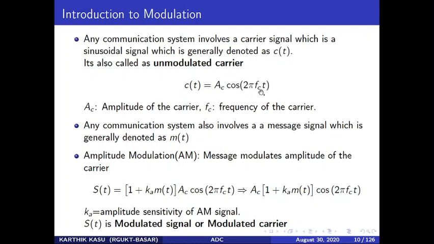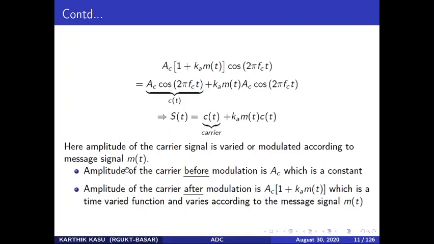What is common? cos 2 pi fct here, and here also we have cos 2 pi fct. What is the amplitude of c of t? Ac, which is a constant. Agreed or not? Now, what is the amplitude of s of t? It is not only Ac, it is Ac into 1 plus Ka m of t. You can see the difference. So the amplitude of the unmodulated carrier is a constant equal to Ac.